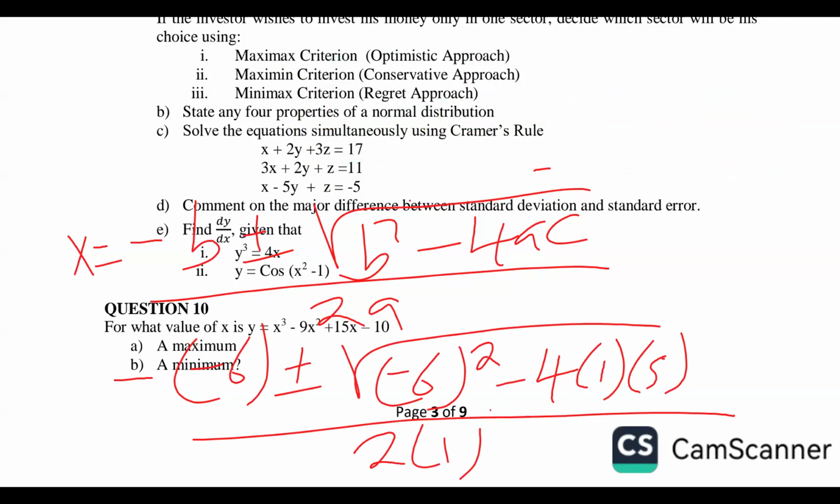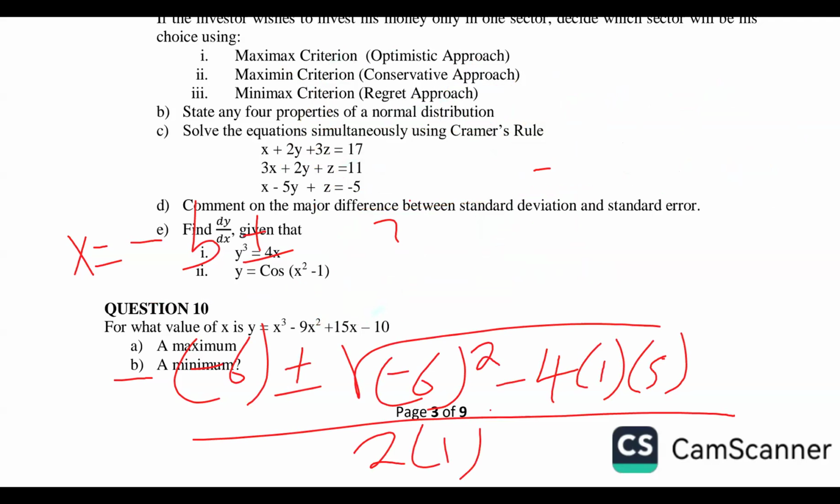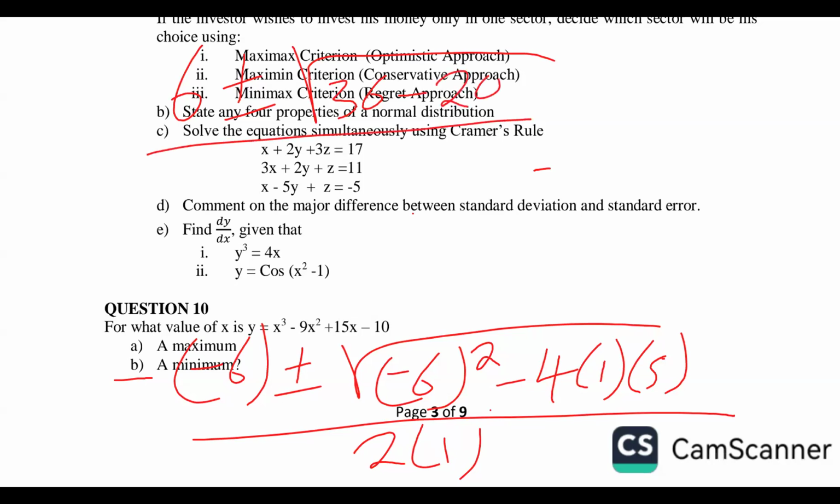Now from here we need to evaluate and solve. Negative times negative 6 gives us positive 6 plus or minus the square root of negative 6 squared, which is 36, minus 4 times 1 times 5, which is 20, divided by 2 times 1, which is 2.